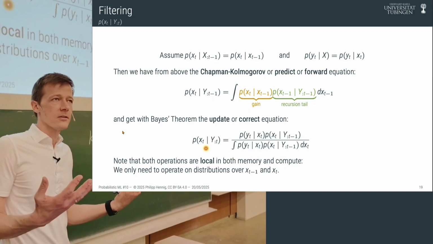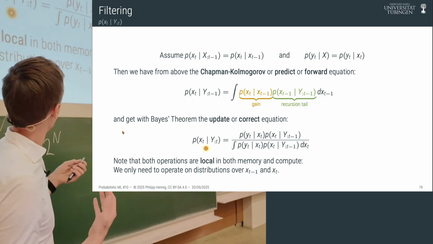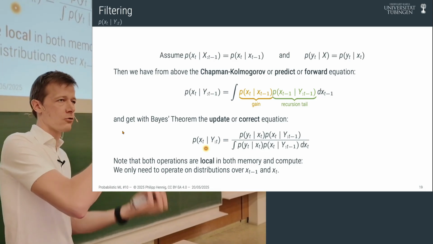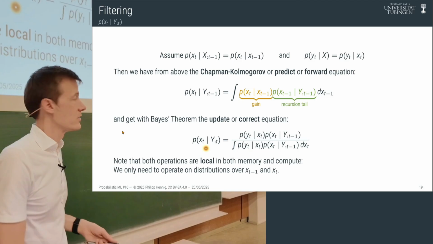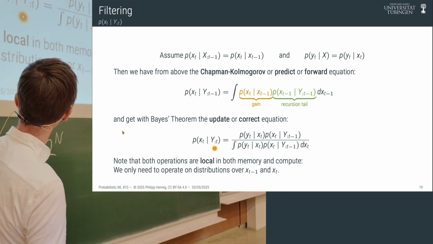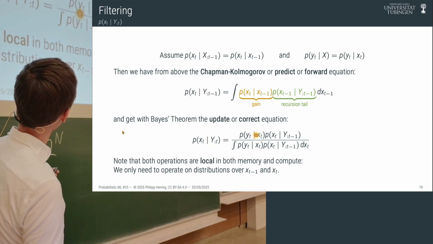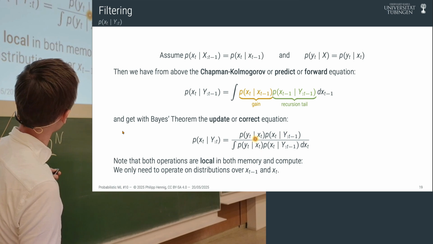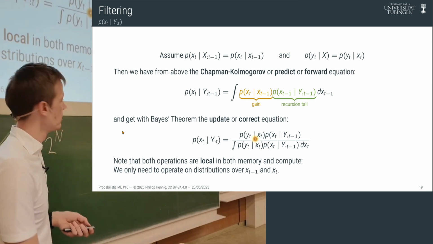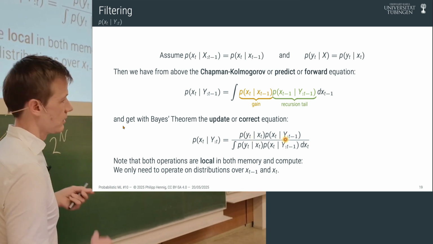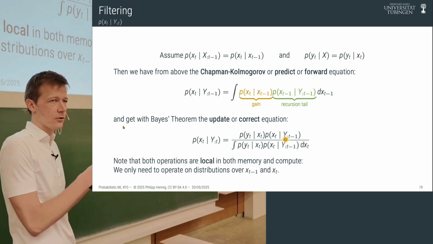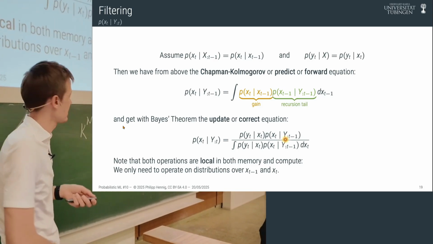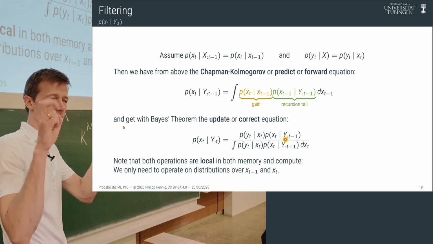And this works because of the assumption that local data are only dependent on the local state. So to condition on a new local datum, we observe the new datum, which only depends on our local state. We multiply with our local predictive for x_t given all the past states. That's sort of today's prior, if you like.